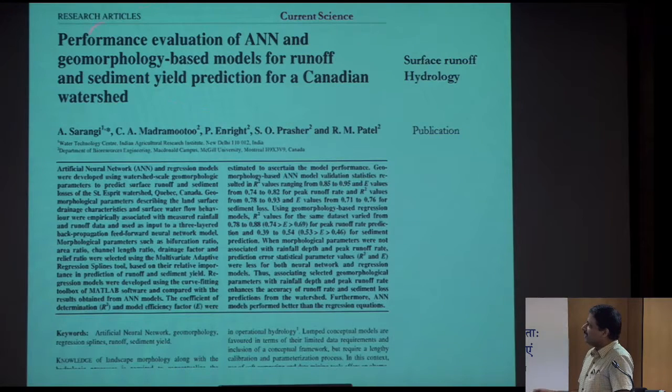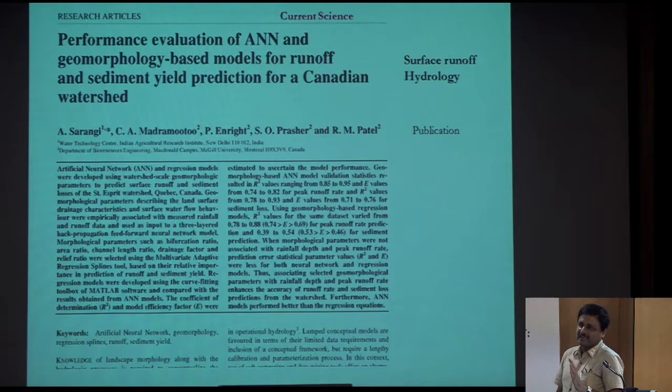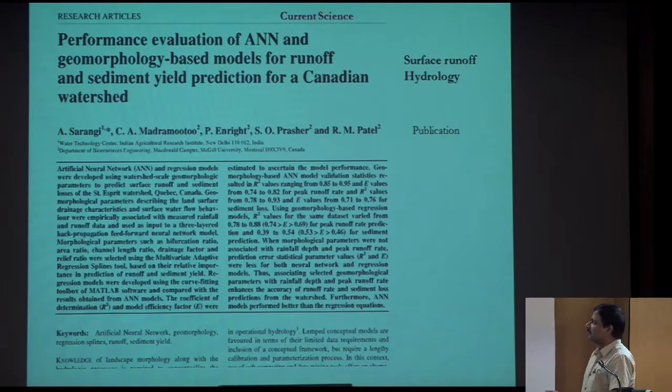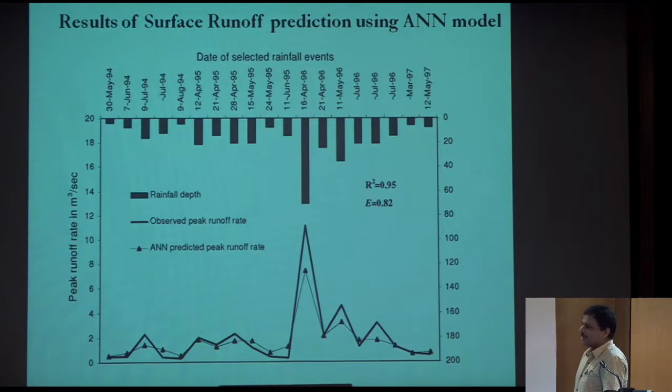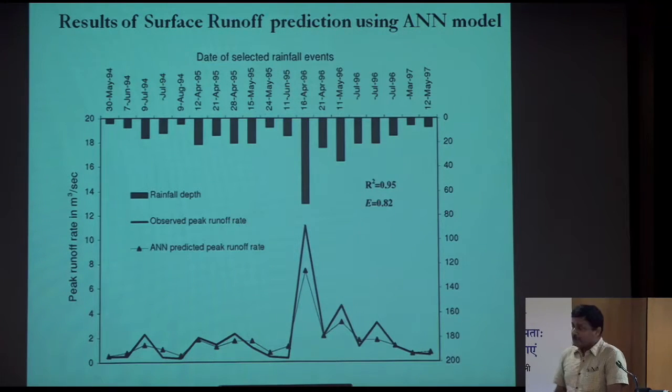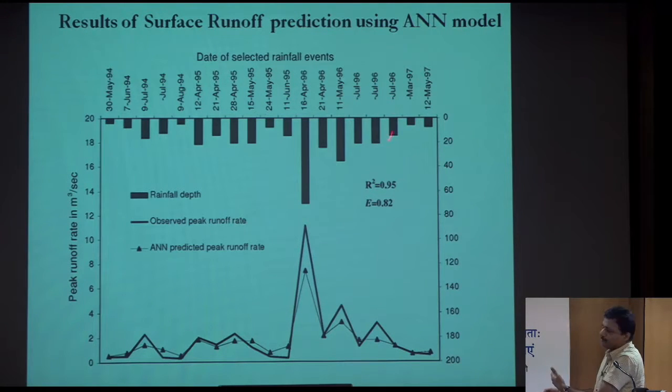Another study was published in Correspondence. That area was in India, and this work is in Canada. This was the Saint Esprit watershed in Quebec province of Canada, done during my postdoc at McGill University. This is the study watershed in Quebec, and we applied the same protocol. We compared the different rainfall. There we presented the sediment yield, but here we predicted the surface runoff.